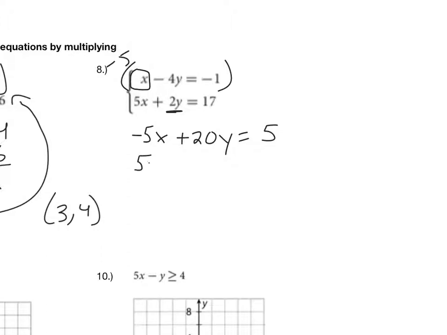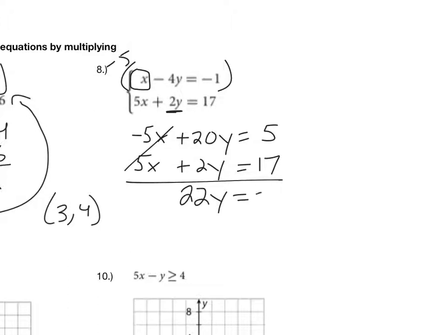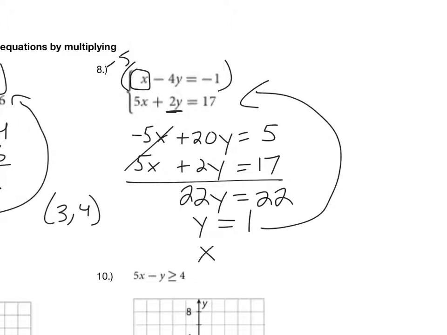Now on the bottom I have 5x plus 2y equals 17. These are going to cancel out. I'm going to be left with 22y equals 22. So y is going to be equal to 1. And if I plug that into my original equation, that's how I would find x. If I do that, I would get x equals 3. So these two lines intersect at 3, 1.